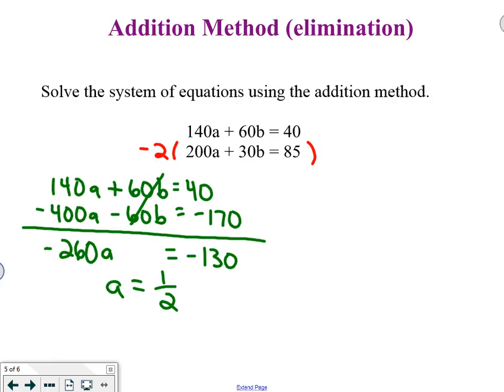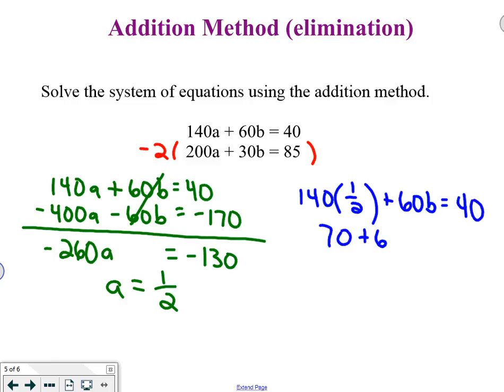Now that I know what A is, I'm going to plug A into either one of the two original equations and solve for B. There's my equation with my A equaling 1/2. I get 70 plus 60B equals 40. Subtract 70 to the other side. I get 60B equals negative 30.